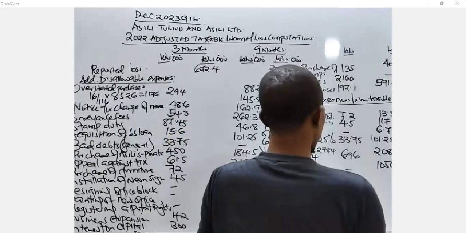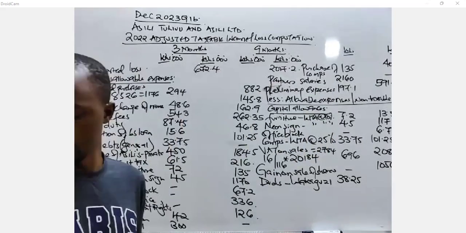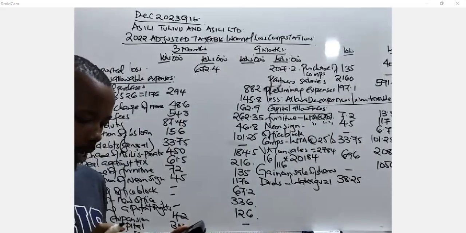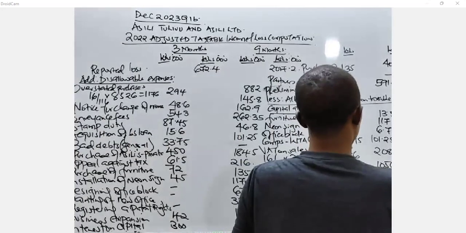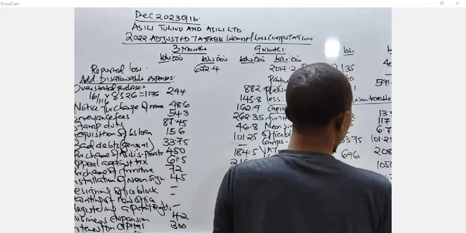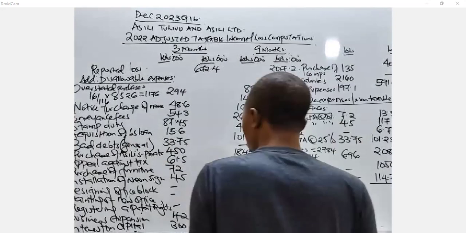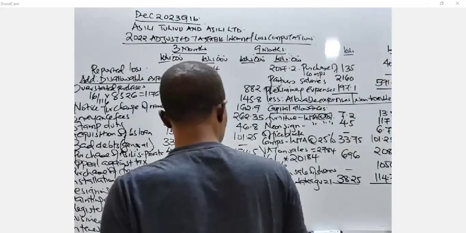We have 38.25. Then the total is the 153 minus my answer, getting 114.75. 114.75.